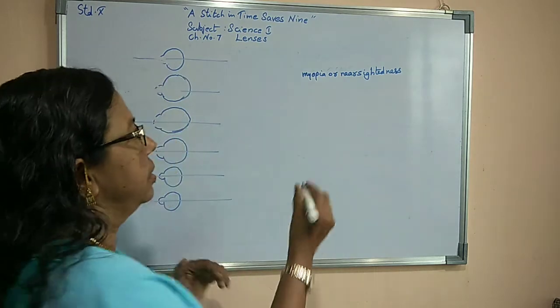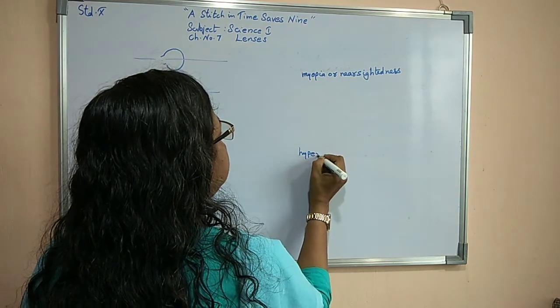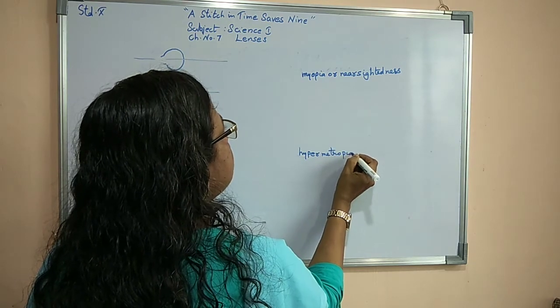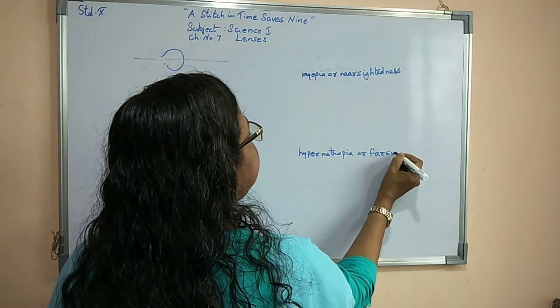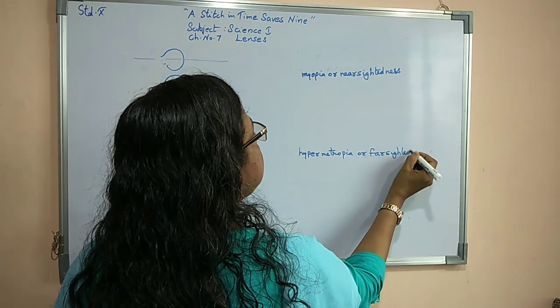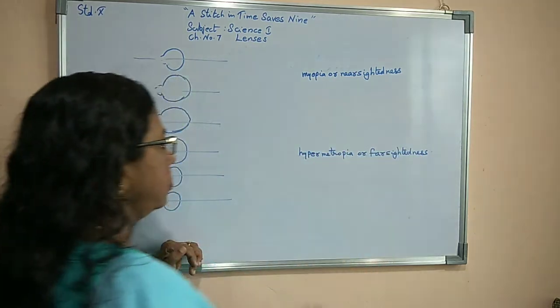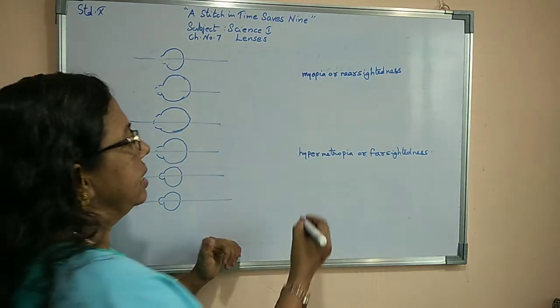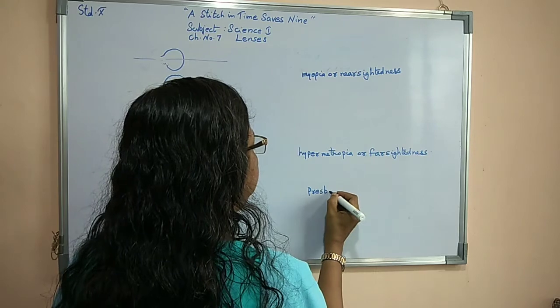The other one is known as hypermetropia, or we can say far-sightedness. One more is known as presbyopia.